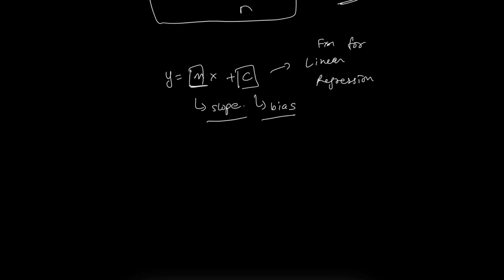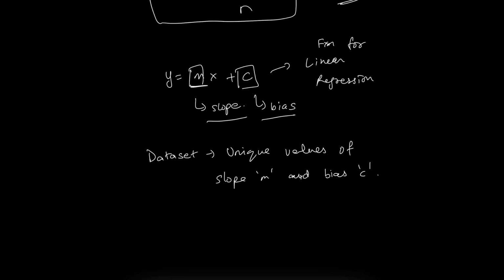So each data set will have unique values of slope m and bias c. So for our data set, we want to find the true value, or at least close to the true value of slope and bias.